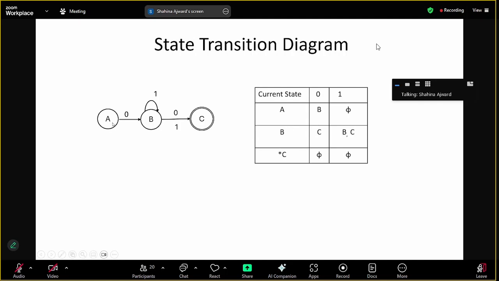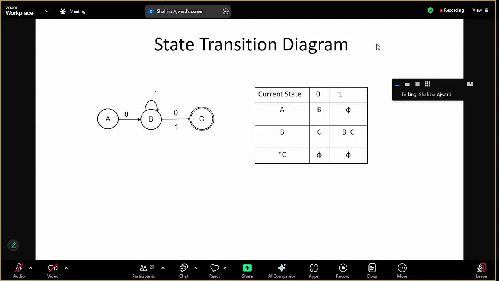So we start from A. When the current state is A and it gets input symbol 0, then its transition is towards B, right?